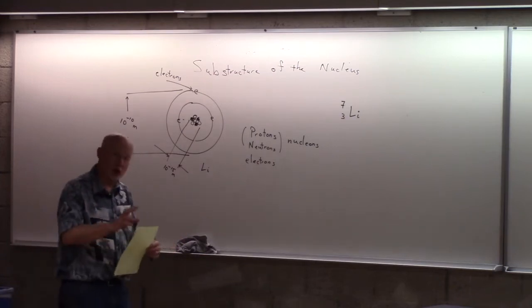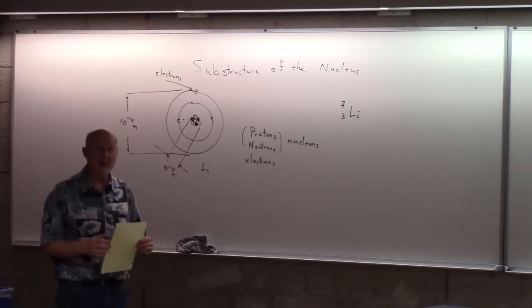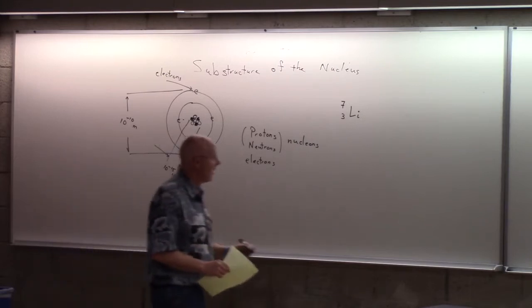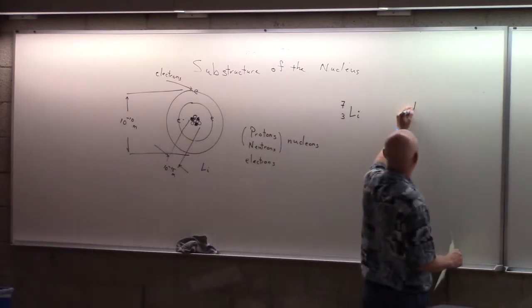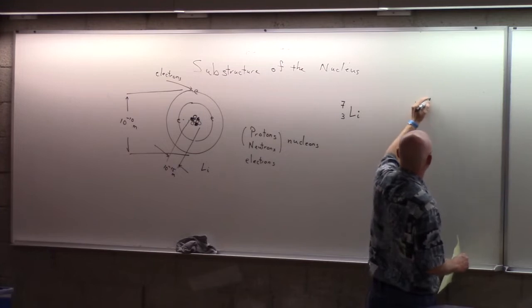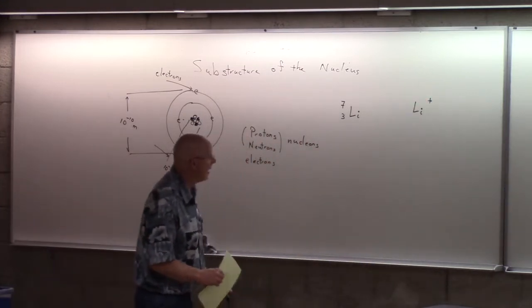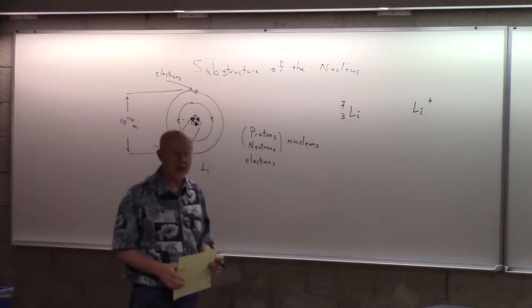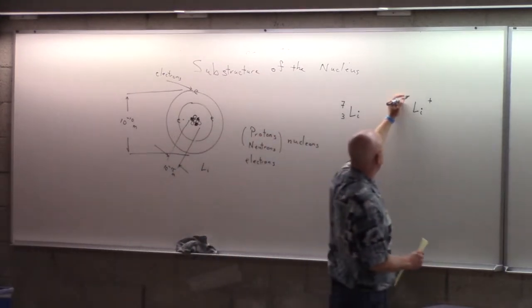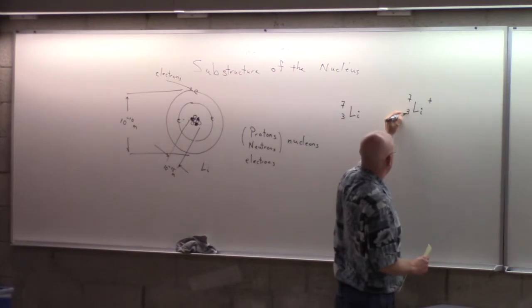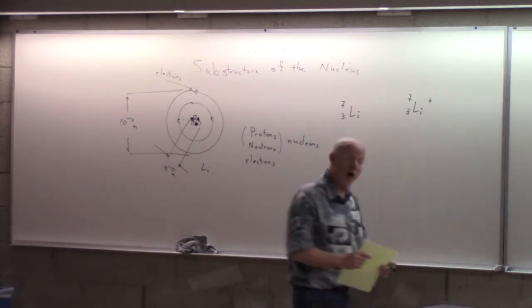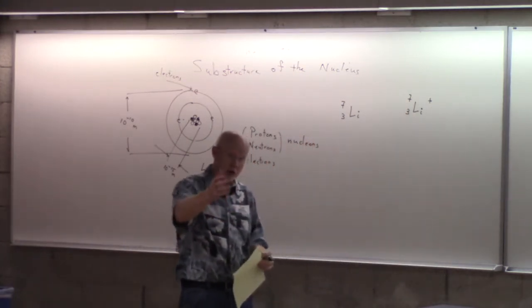Now, you could lose maybe an electron. And when we do that, we refer to it as a lithium ion. We say lithium now has a plus on it because it still has the 7 nucleons and the 3 protons, which would also mean it has 4 neutrons.